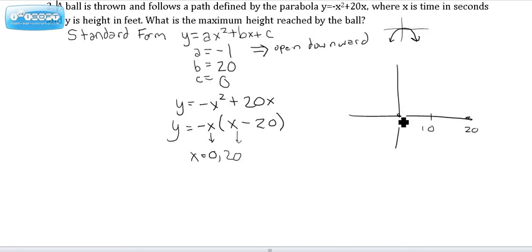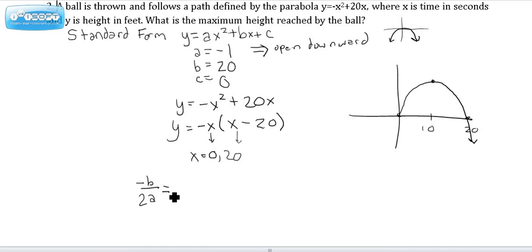Like I said, it's going to open downwards, so our graph is going to look something like this. And we're looking for this point, which is the vertex. An easy way to find the vertex is using the standard form and the equation negative b over 2a. That gives us the x-coordinate of our vertex.